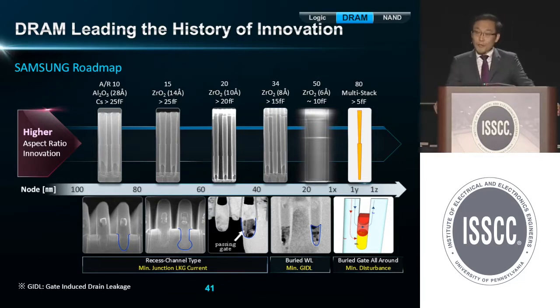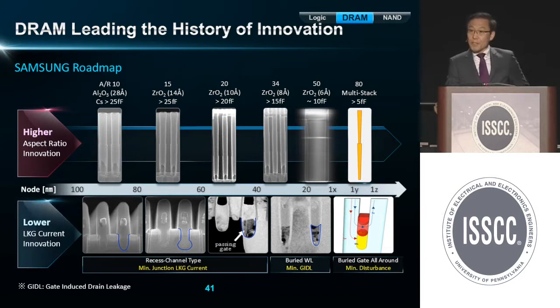Additionally, in order to reduce EOT, EOT means equivalent oxide thickness, high dielectric constant material had to be developed, which currently is zirconium oxide-based multilayers. In 10 nanometer node, in order to conserve the integrity of capacitor structure, a stacking scheme will be needed.